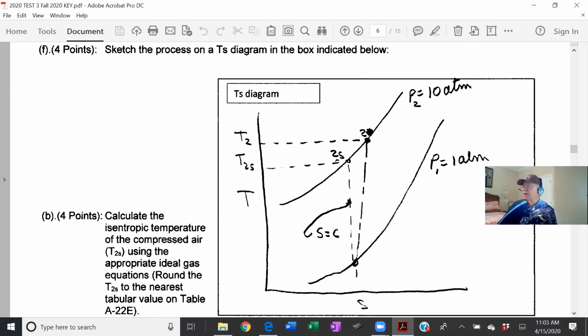But the reason I do that is because of the way the equation comes out for isentropic work: it will be H1 minus H2S. For regular work, it'll come out H1 minus H2, and there'll be negative values because H2 is bigger. You'll get a negative work, which is what you're supposed to get going through a turbine.